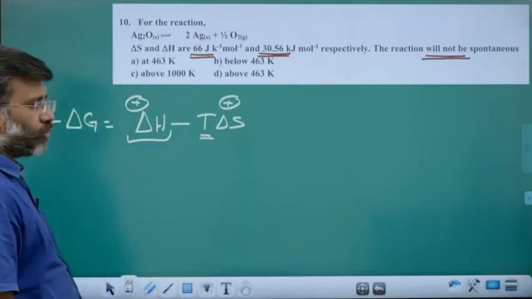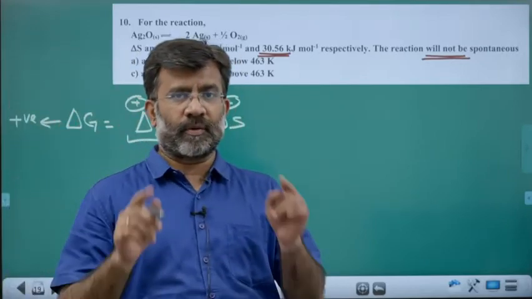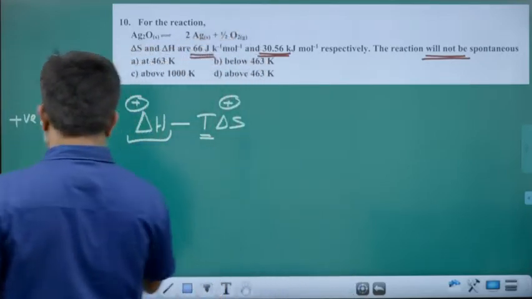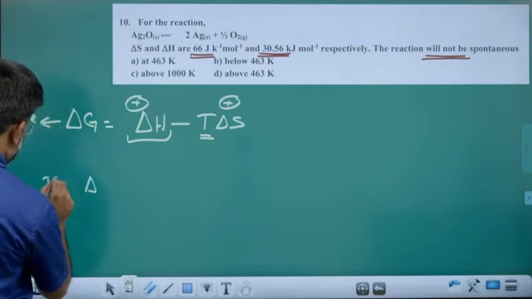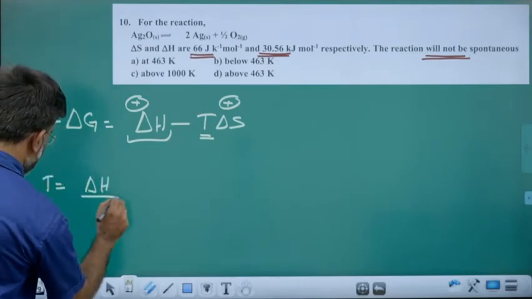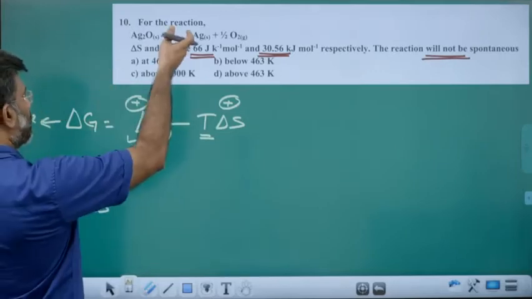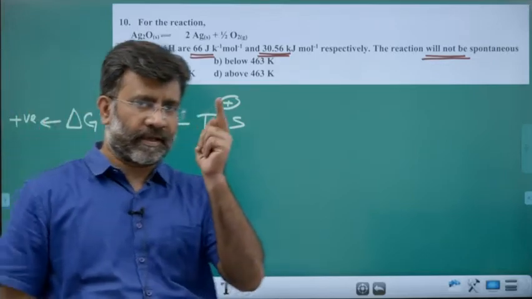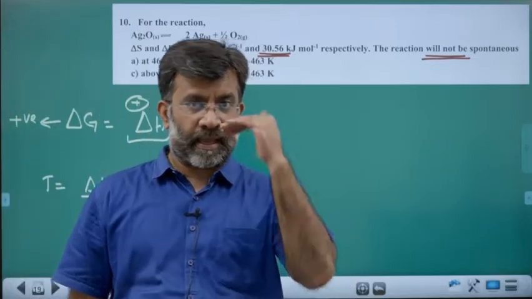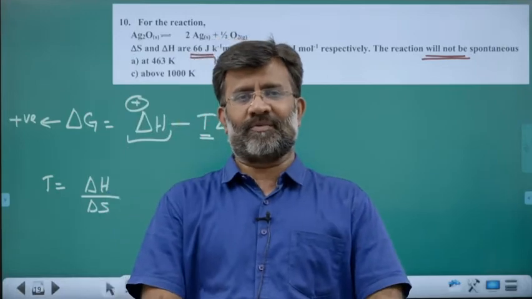So find out the equilibrium temperature. Apply delta G equal to 0. You will get T is equal to delta H by delta S. Delta H given, delta S given. Below that temperature, the reaction will not be spontaneous. Above that temperature, the reaction will be spontaneous.